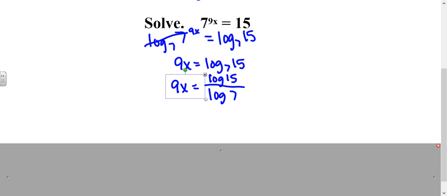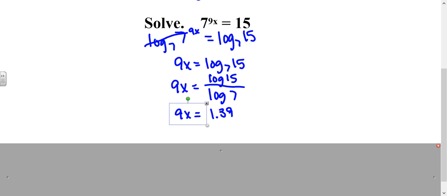It's going to come in really handy right now. So if I'm working this out in my calculator, I'm going to do the right-hand side. So I'm going to take log 15 divided by log 7, and I get 9x equals about 1.39.